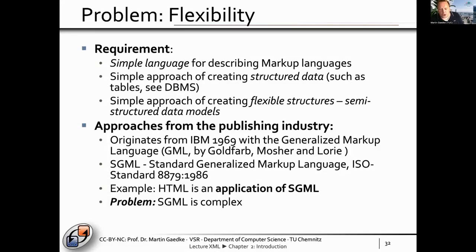That was an approach to have a markup language to describe other markup languages. And that became an ISO standard in 1986, the so-called SGML standard. And the problem with SGML is it is super complex. So it's very powerful, but it's also so complex that it is difficult to apply for everyday problems.